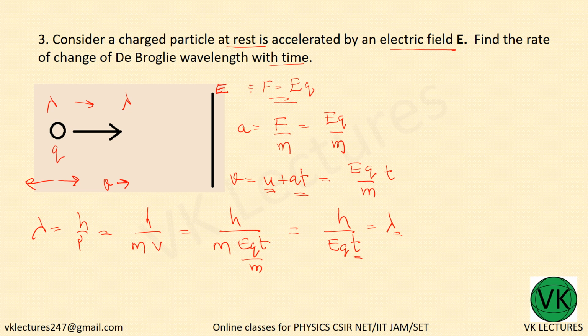But this is not the question. The question is, what is the rate of change of de Broglie wavelength with respect to time? So d lambda divided by dt. This is the question.